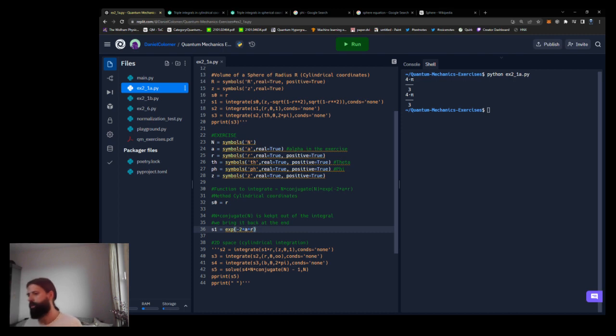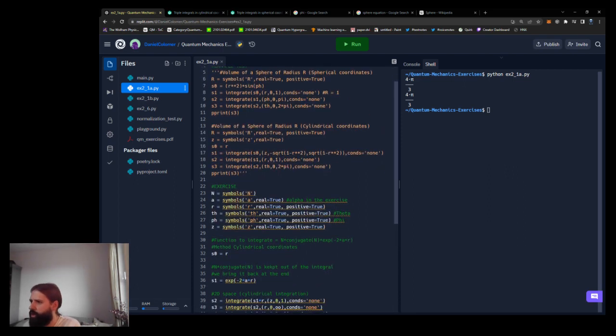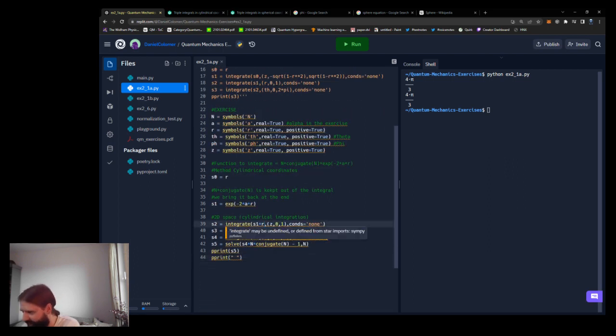So what we do now is the following. We start with S2, and we follow the same pattern like here. So first we integrate, given a Z, what are the boundaries? What are the R's, right? And that's the trickiest one.